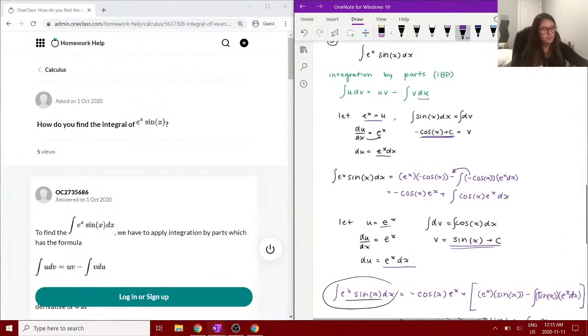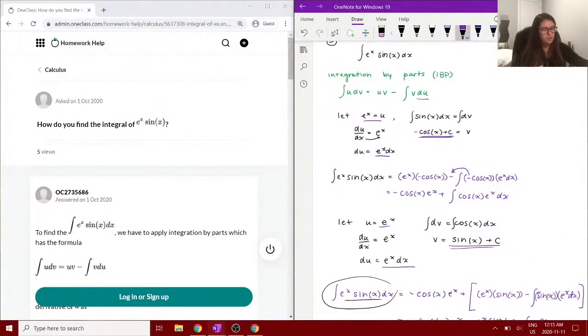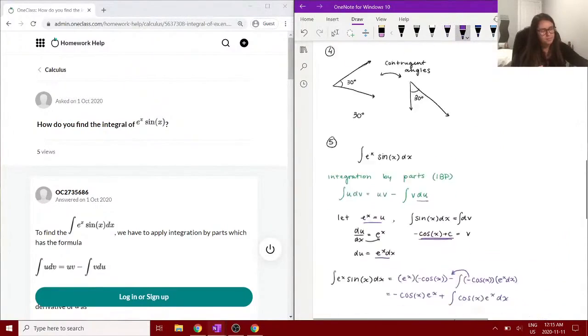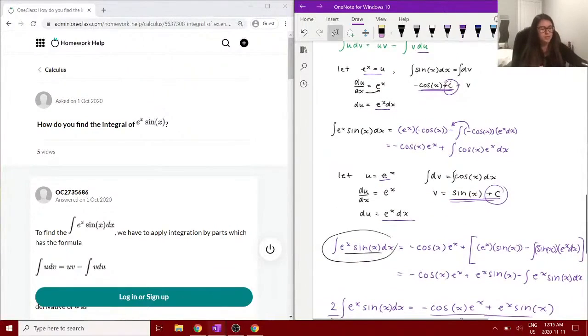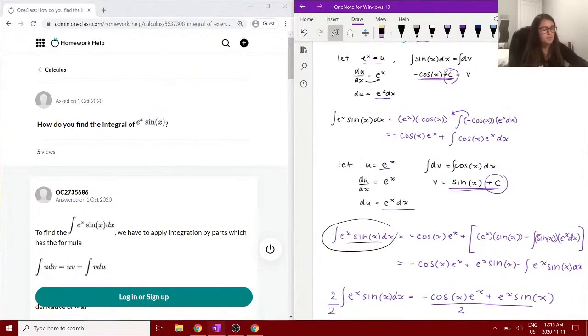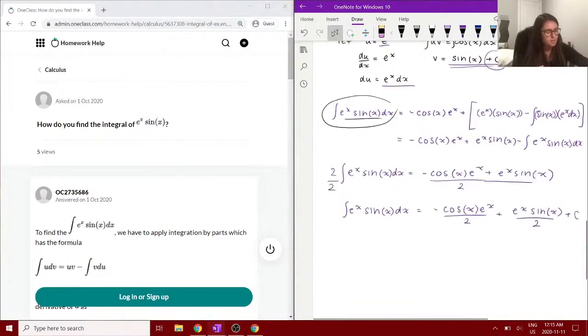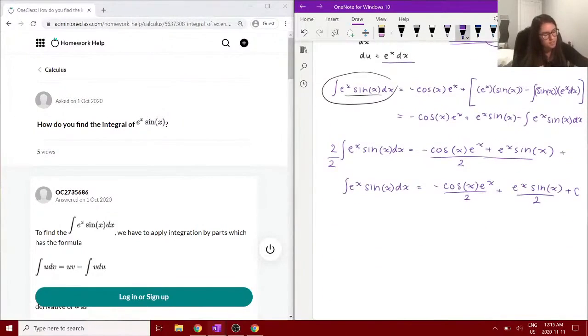That's the only thing. I didn't include it here when I added it into the equation. I didn't want it to get in the way, but if we did add it, we would have had to add it to the right-hand side of the equation. So I'm just adding that in now, the plus c.